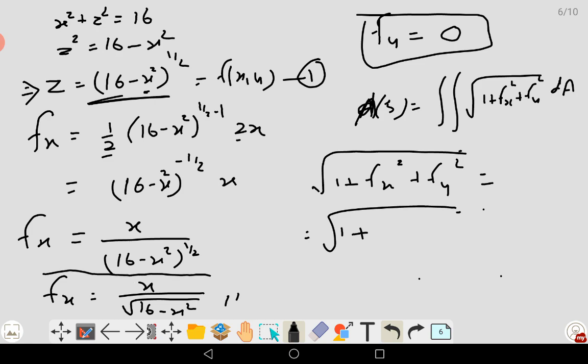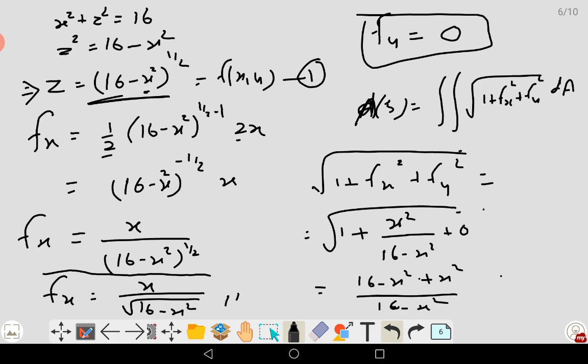Fx is given here. Square it will be x square over 16 minus x square plus 0, isn't it? So take LCM. 16 minus x square plus x square over 16 minus x square will give you the numerator. X square and negative x square will be cancelled. 16, square root of 16 will be 4 over square root of 16 minus x square. This is the integrand now.